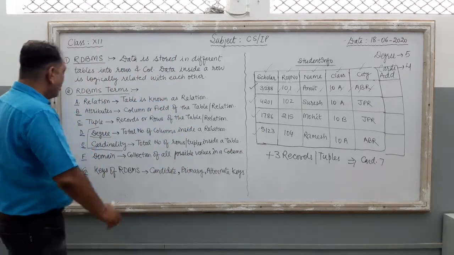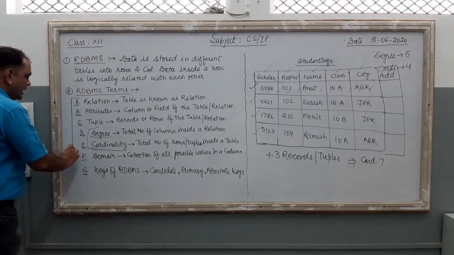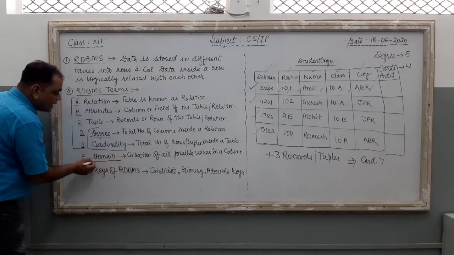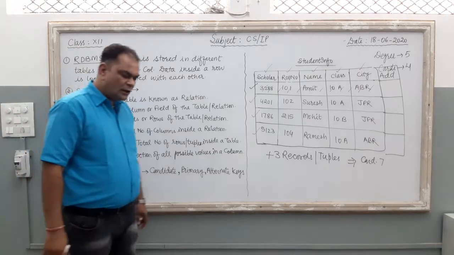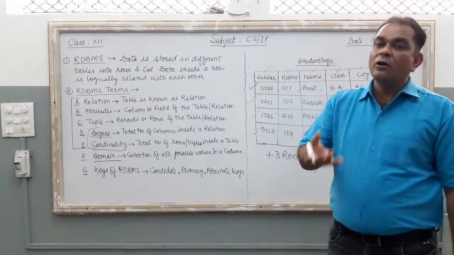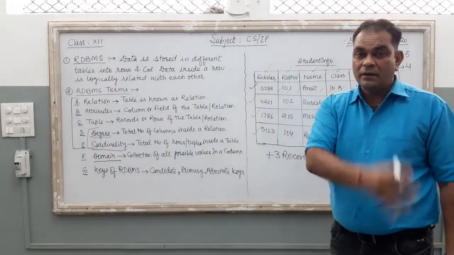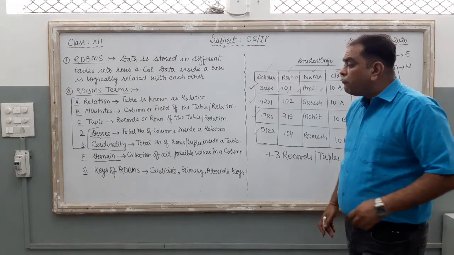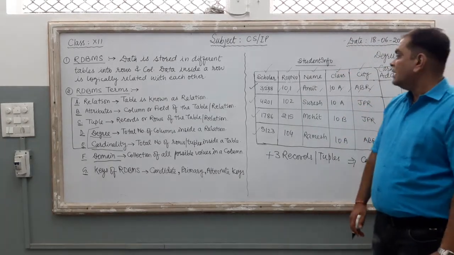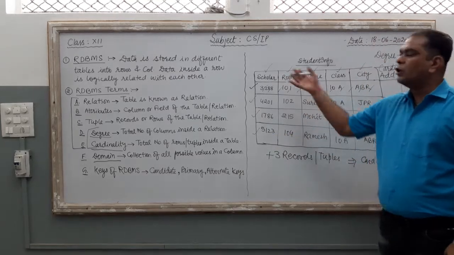So till now we have covered A, B, C, D and E. Now come to the next term, known as domain. Domain means area: the area of a column, or we can say the area of a field. Suppose somebody asks what is the domain of scholar.